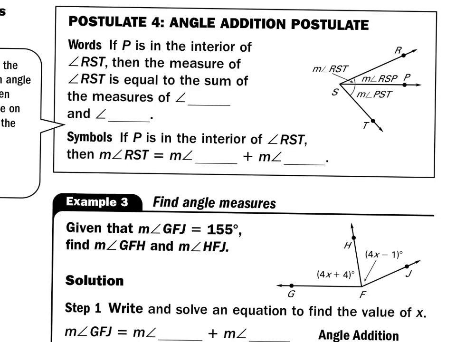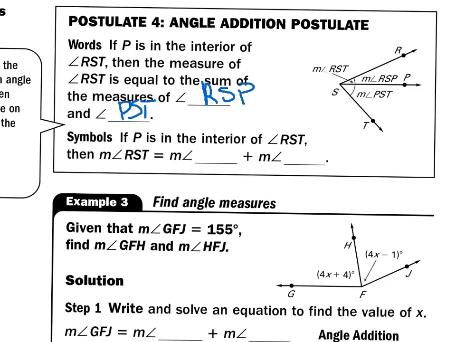Postulate 4, angle addition postulate. If P is in the interior of angle RST, then the measure of RST is equal to the sum of the measures of RSP and PST.